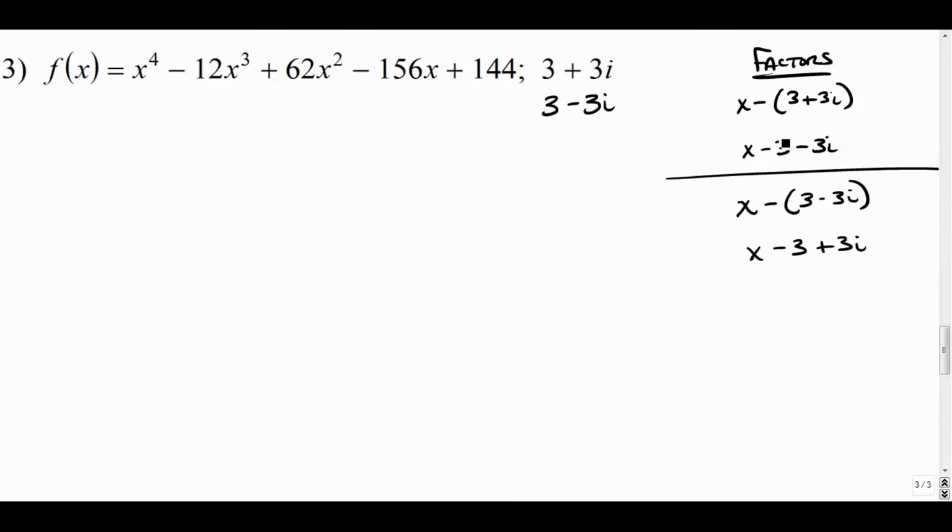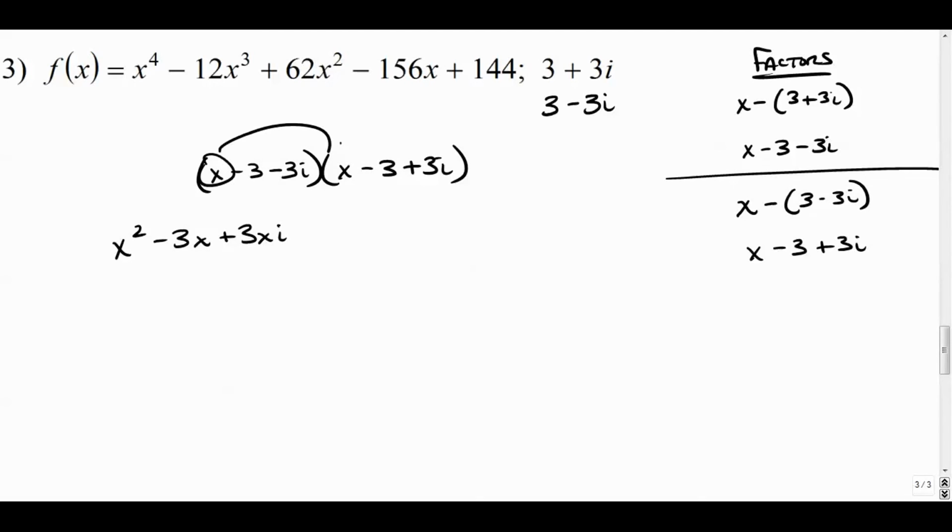So let's go ahead and multiply them together. So over here, x minus 3 minus 3i, x minus 3 plus 3i. Multiply these. So I'm going to do triple distributive again. I'll go a little faster here. X squared minus 3x plus 3xi.